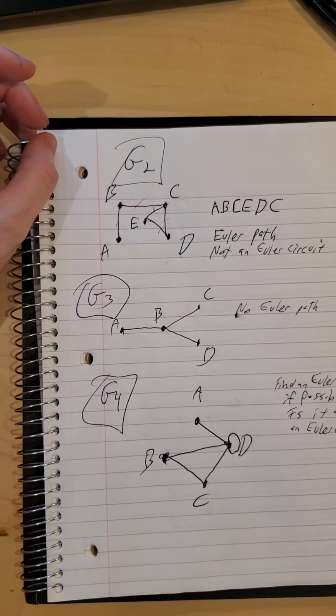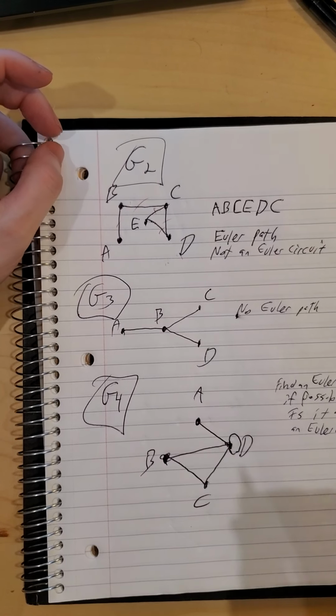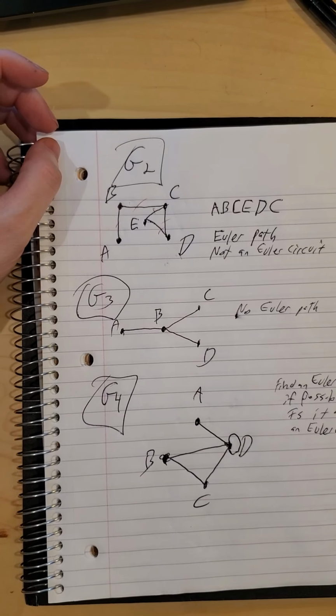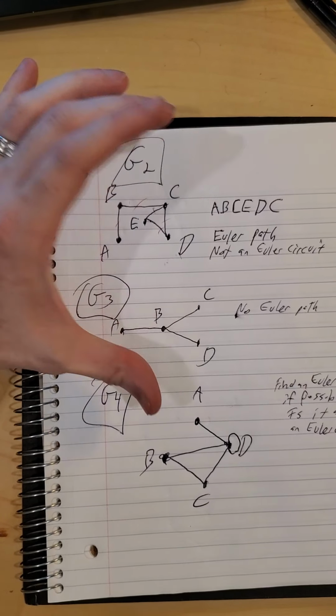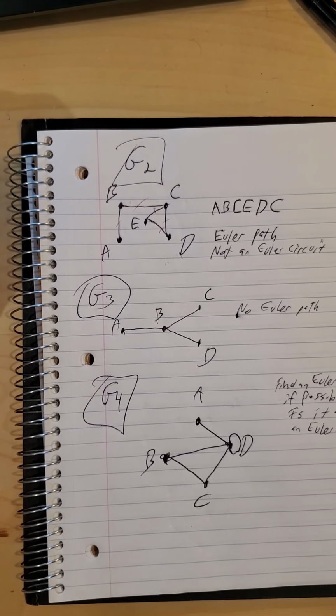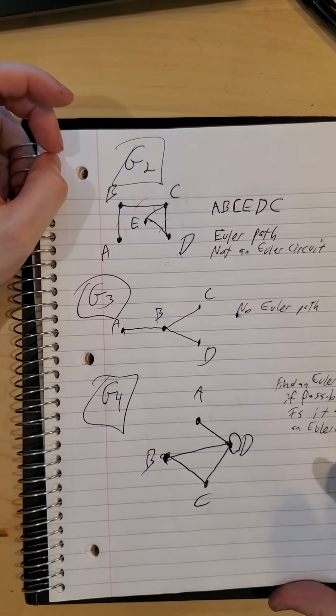Okay, so go ahead and pause, see if you can answer those two. Welcome back. So for this one, graph 4, you should have been able to find an Euler path.